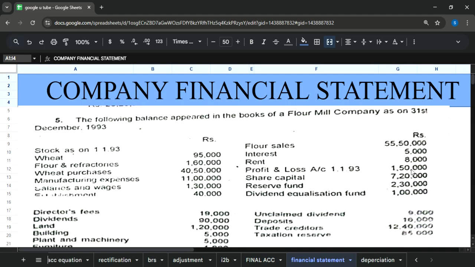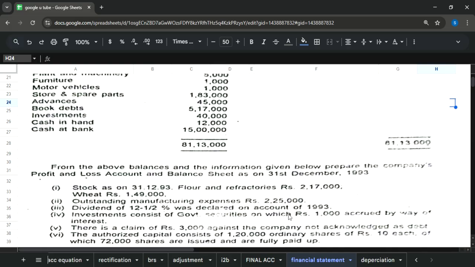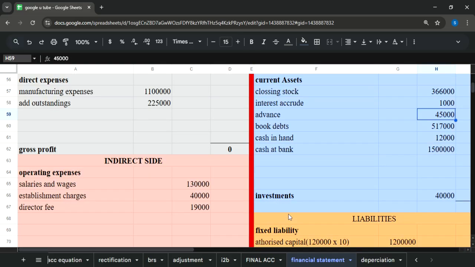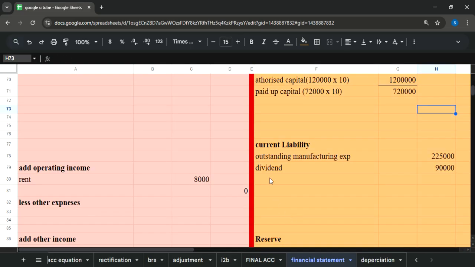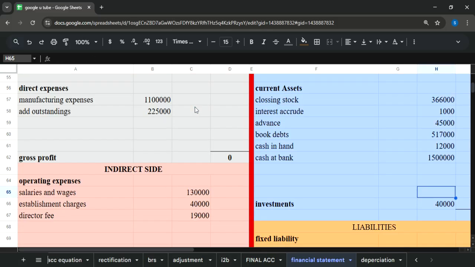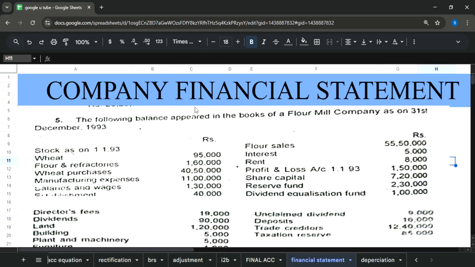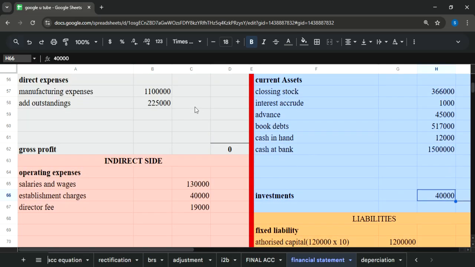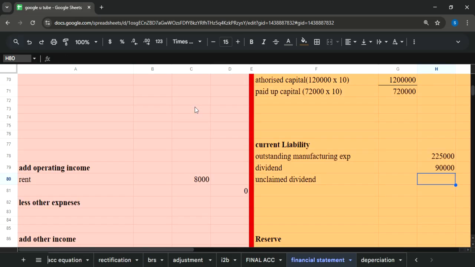After which we have unclaimed dividend. That means nobody had come to receive dividend. Still we will consider it liability because it might be possible in future they can come. Unclaimed dividend amount is 9,000. We'll have to see it carefully. So amount is 9,000.